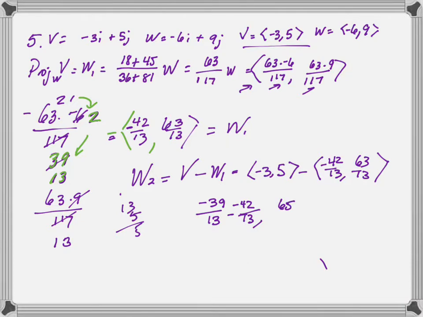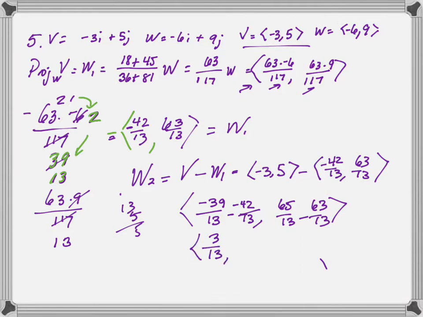I'm sorry, we're subtracting. 65/13 minus 63/13. Okay, so what is that? -39 minus -42. Minus a negative, this is a minus, so that would be positive 3/13.